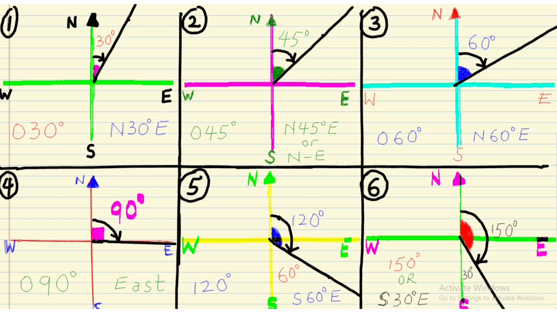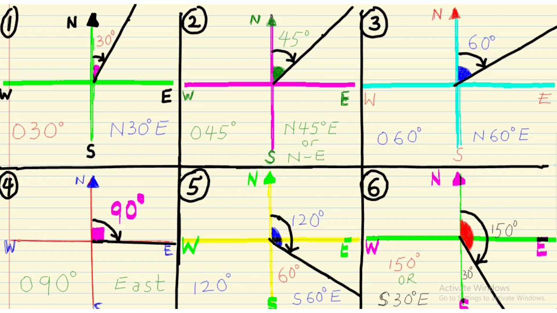So it could be called 030 or north 30 degrees east. Because if you start from the north and you rotate clockwise, you will have moved 30 degrees before getting to that black line. So we can specify it in 3-figure bearing, 030 degrees, or in compass bearing, north 30 degrees east.